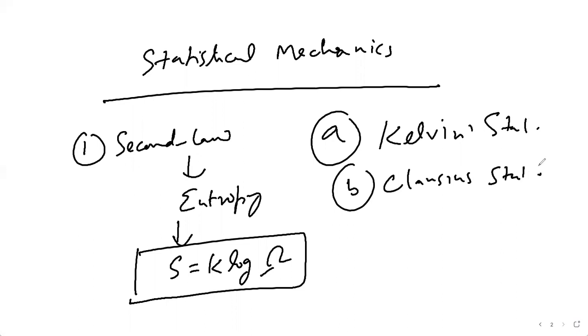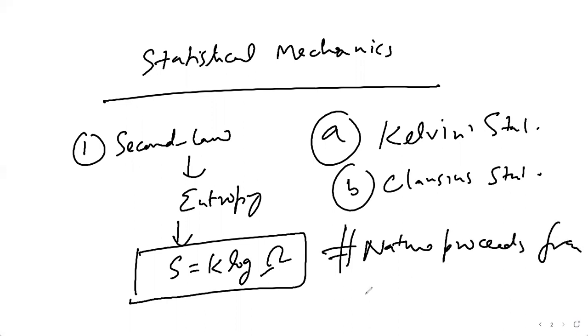Kelvin's and Clausius's statements said that nature proceeds from order to disorder. So this is an order-disorder sort of transition. That's what we are interested in. Now let's look into a few things more.